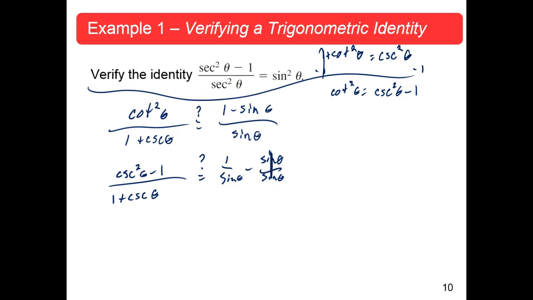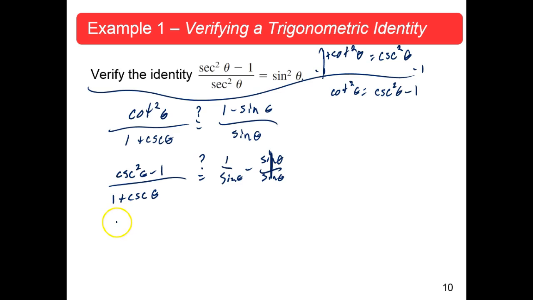Now, anything special about this entity here? That numerator. That's a difference of 2 perfect squares. So couldn't you factor that out? Cosecant plus 1 times cosecant minus 1, right? Sum and difference of their square roots.